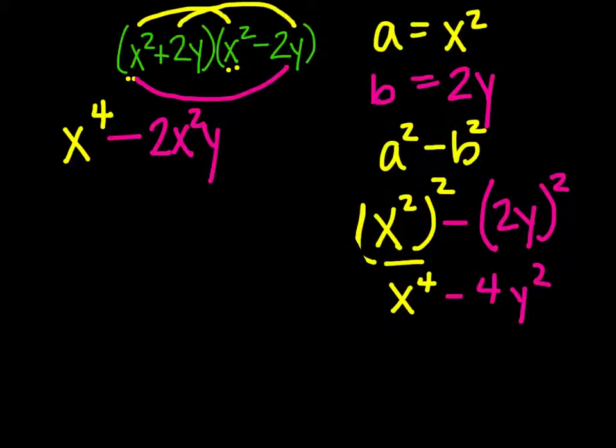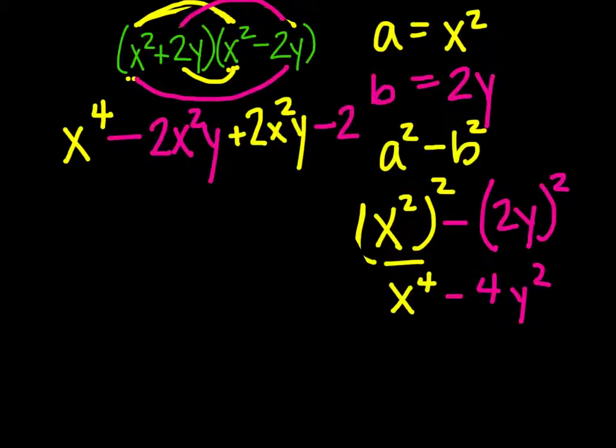Then we have our inside term, which is plus 2x squared y. And then our last term, 2y times a negative 2y is negative 4y squared.